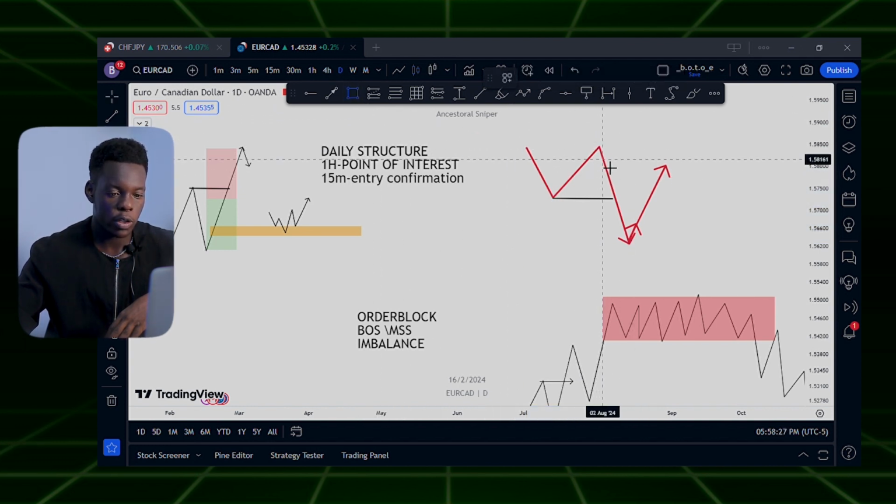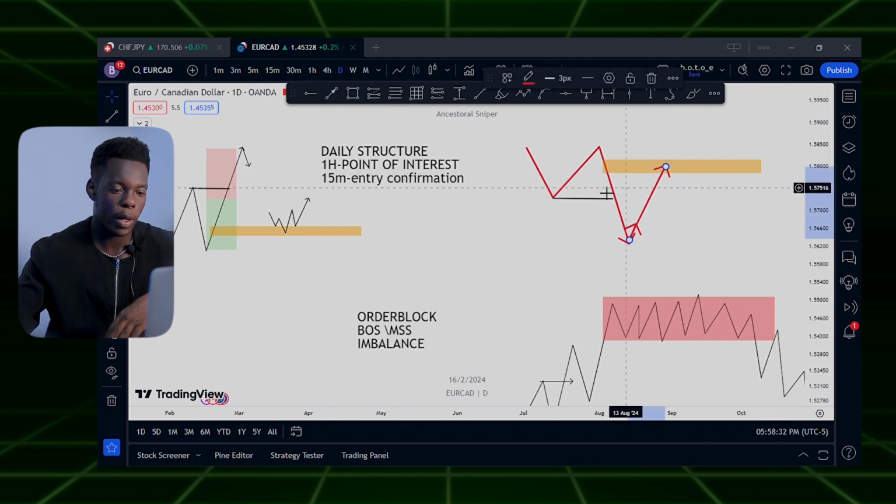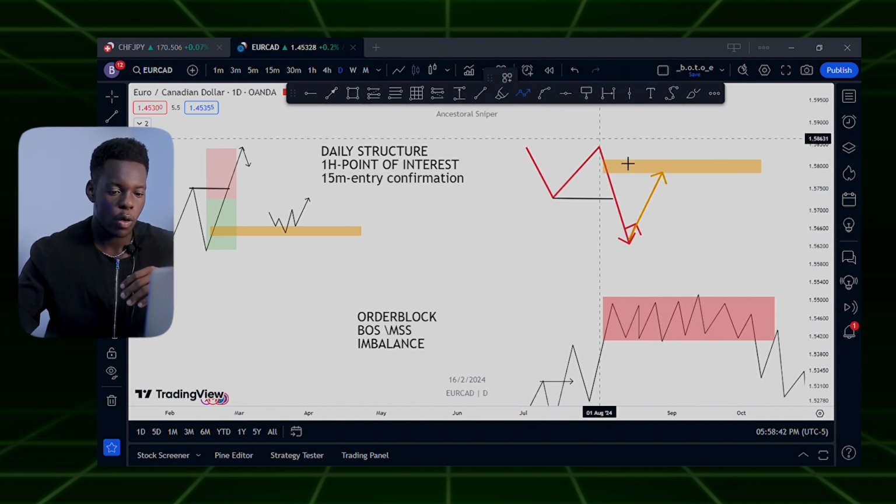So we have our order block somewhere around here. That's our order block on the 1 hour time frame. Now on the 1 hour, let's use the orange. That's my 1 hour order block. And then when price comes to this order block, let's use, I think, blue for the entry part. What I want price to do is form this kind of pattern.